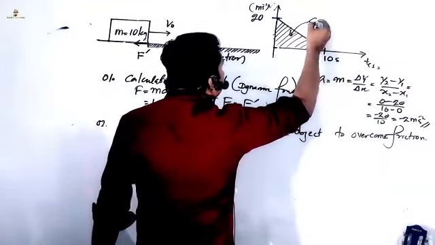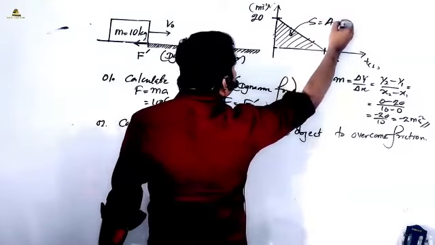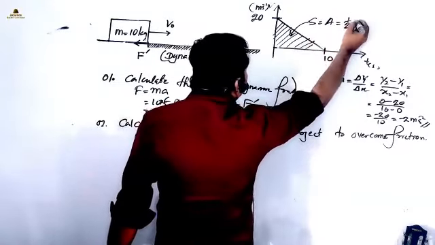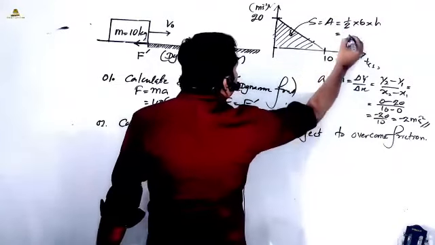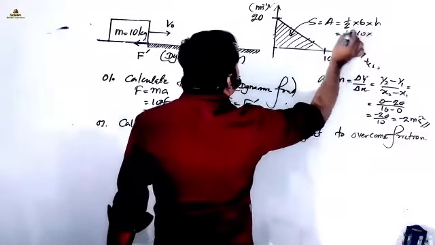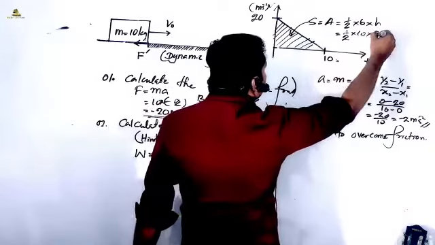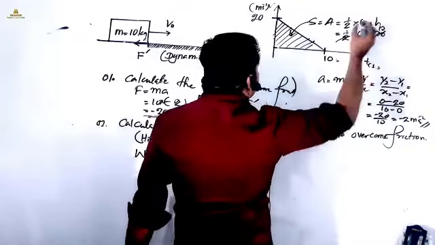Displacement is the area under the graph. Area is half into base into perpendicular height. So that's half into base 10, perpendicular height 20. Yes, 10 times 10, 100.